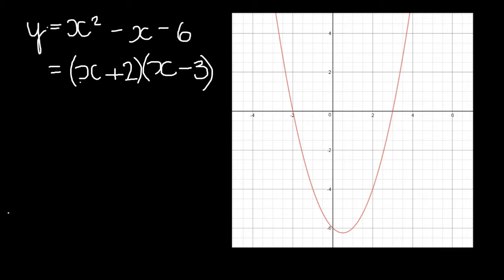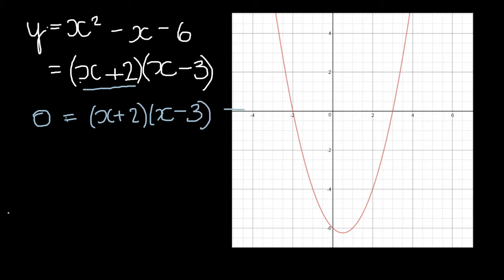And what's really key about these, like I said, I'm going to come back to the method in a minute, is that if I solve this equal to 0, this equation, which is basically asking where does this quadratic cross the line y equals 0, or the x-axis, so this line here, then this would give me that x is minus 2, which is this point here, and this one is going to give me that x is 3, which is this point over here.